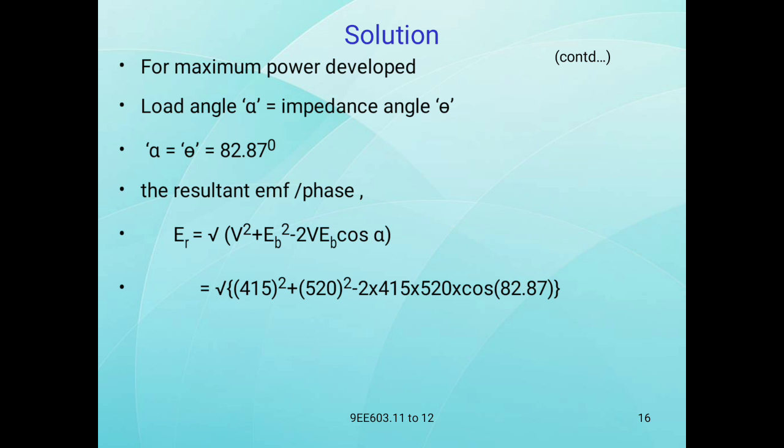That is under root of 415 whole square plus 520 whole square minus 2 into 415 into 520 into cos 82.87. That is 623.87 volts. Resultant voltage is 623.87 volts.